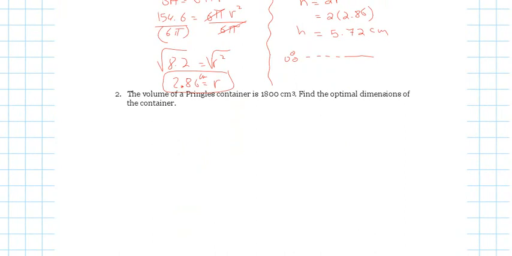So the volume of a Pringles container is 1800 centimeters cubed. Find the optimal dimension of the container. So I'm going to start with the volume, 2 pi r cubed. What do you want to do? Divide by 2 pi. And then that will give you what?